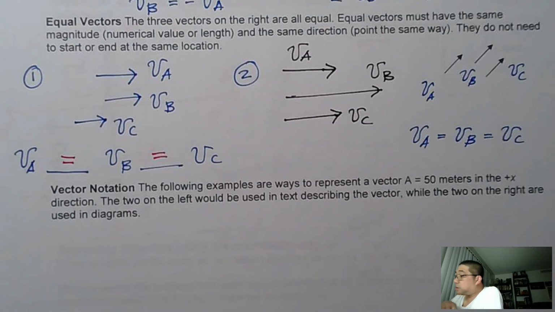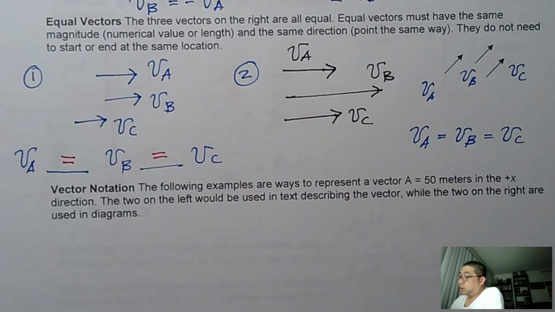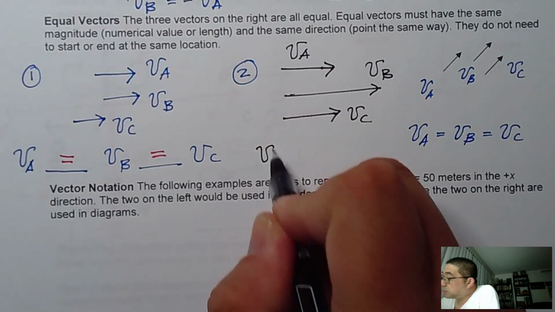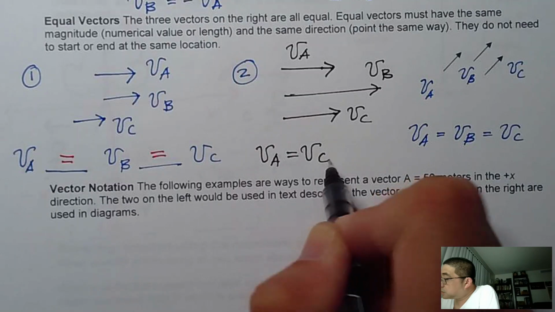The first thing that I notice is that VA and VC are the same. So we can say that V of A is equal to V of C.